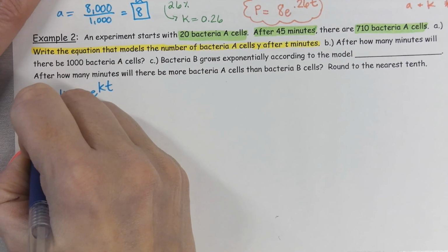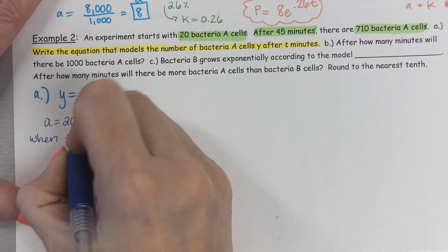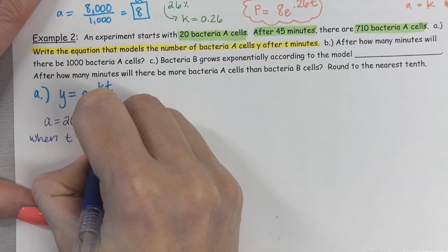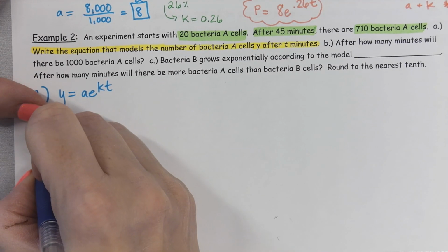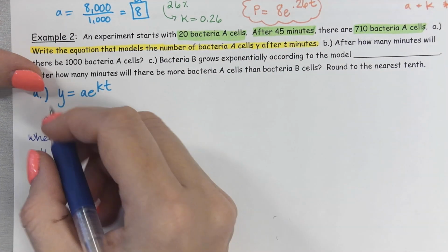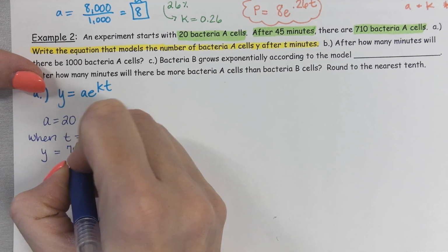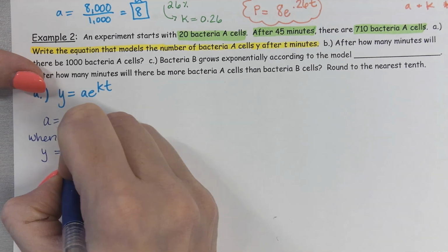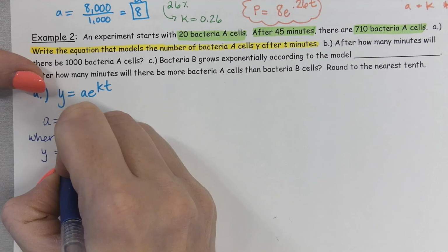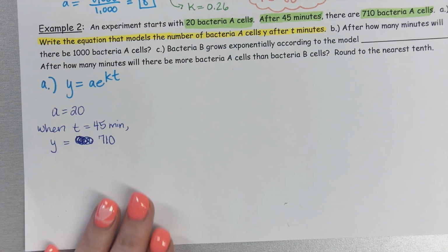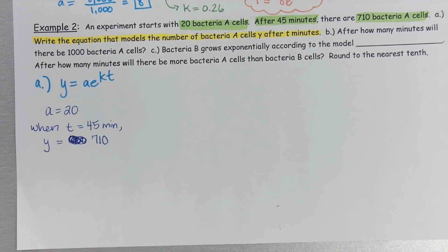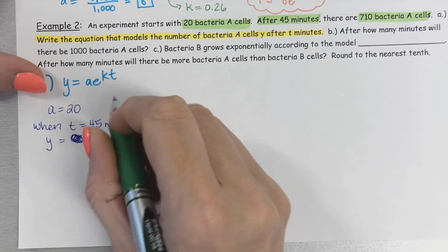So what that means is when your value of time is 45 minutes, that output value, Y, is equal to 710. So you have to use that given information to find K.